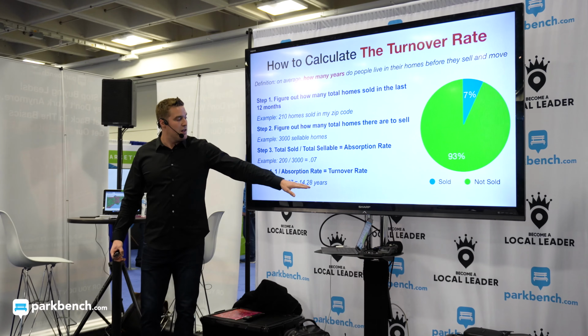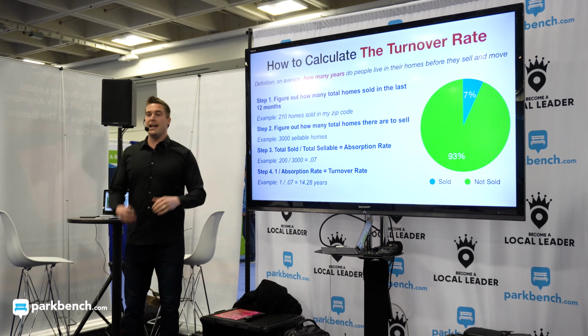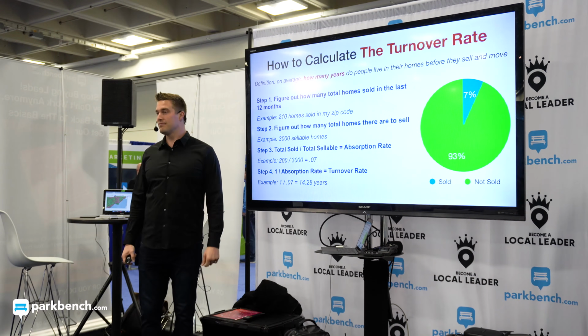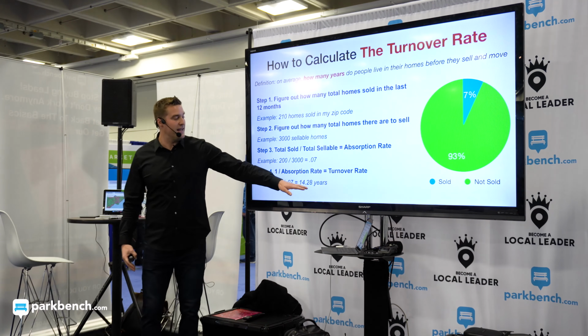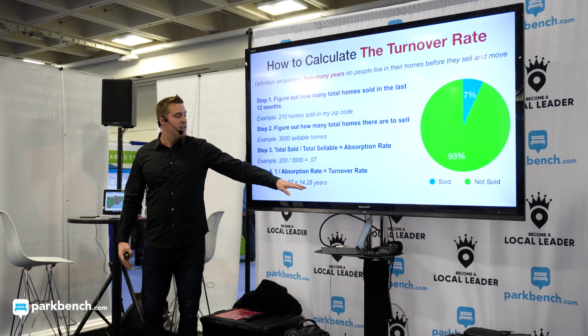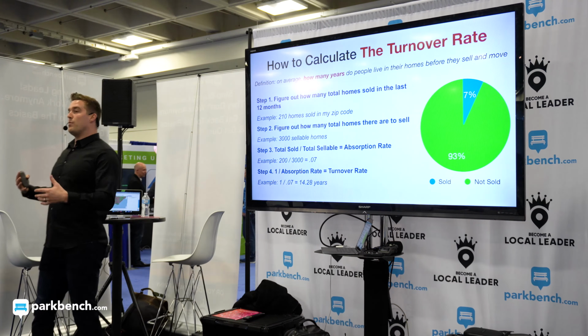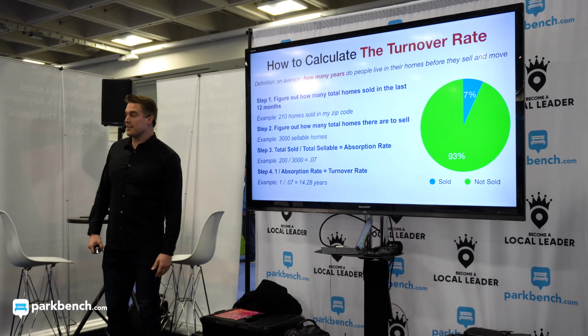If 14 years is the turnover rate, and you talk to 14 homeowners, how many will be moving? 1. So whatever the turnover rate is, that's how many people you need to talk to ask them if and when they're moving, to find one new seller.